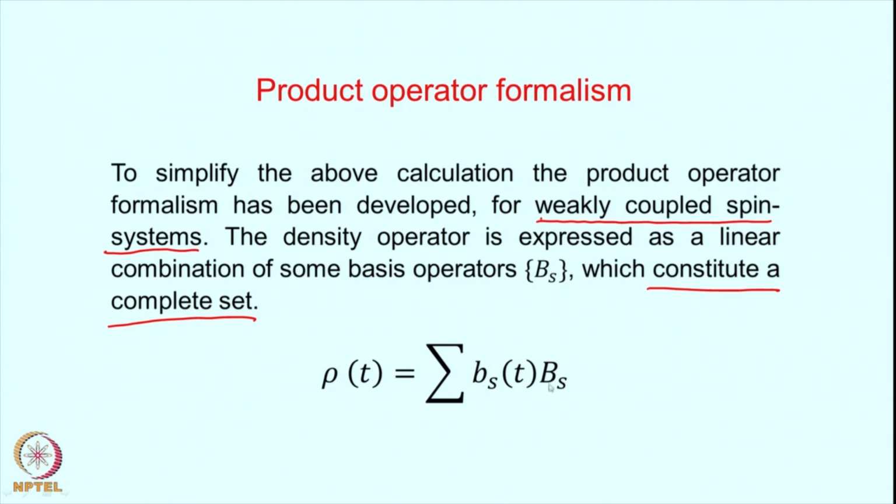So, what are these basis operators? They must form a complete set, just as the eigenfunctions form a complete basis set so far as the wave function is concerned. Here these operators must form a complete basis set, so that we can represent any density operator as a linear combination of them.